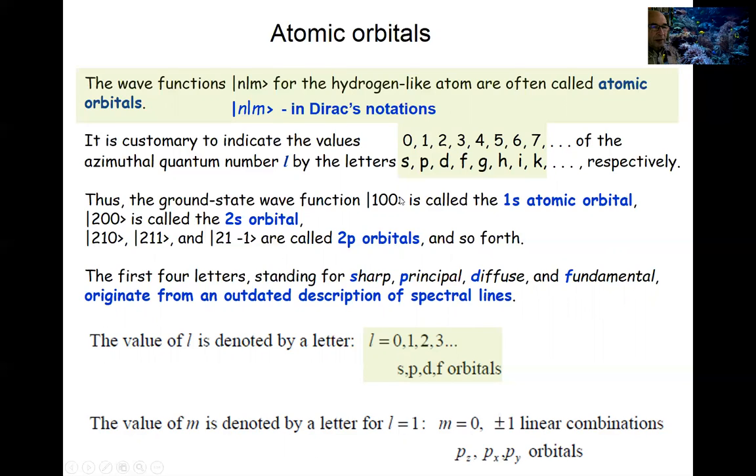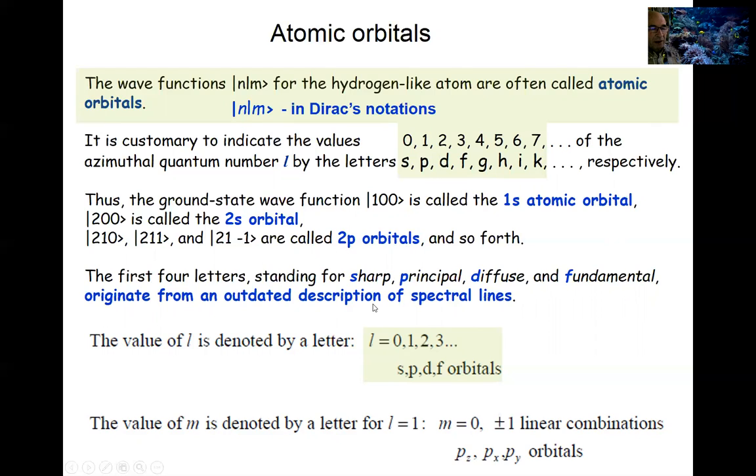Here we come to some curious historic things, because it is customary to indicate the values 0, 1, 2, 3, 4 of the orbital momentum or azimuthal quantum number l by the letters s, p, d, f, g, etc. These are familiar notations for most of you, because here we start seeing s functions, p functions, so-called d functions, f functions, etc.